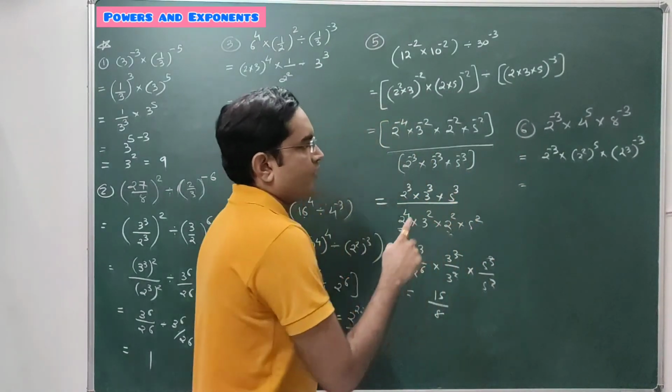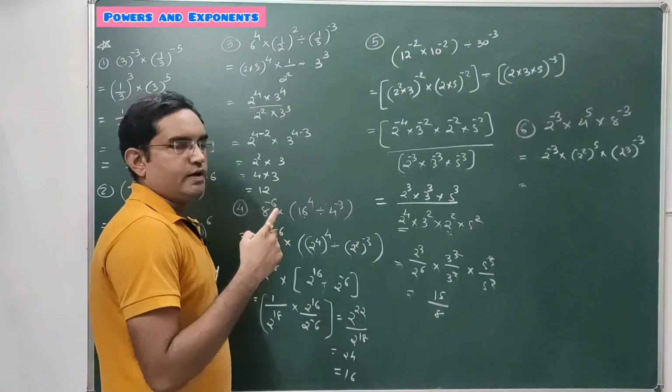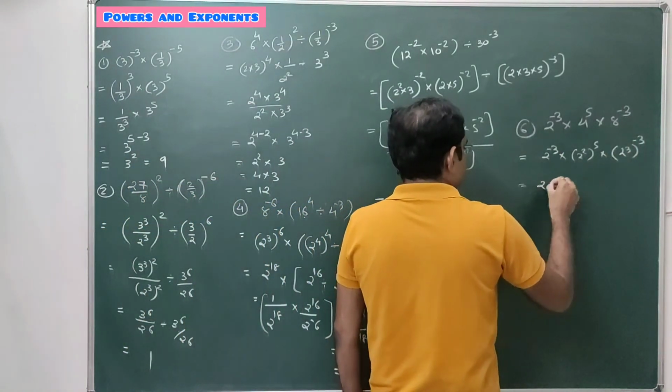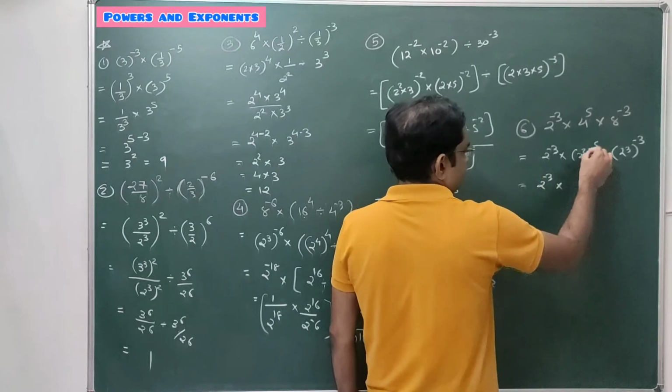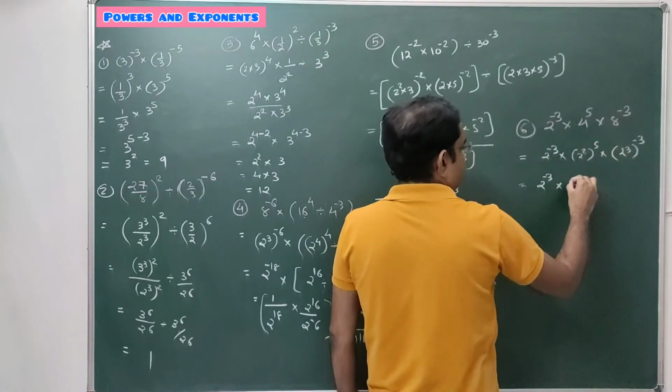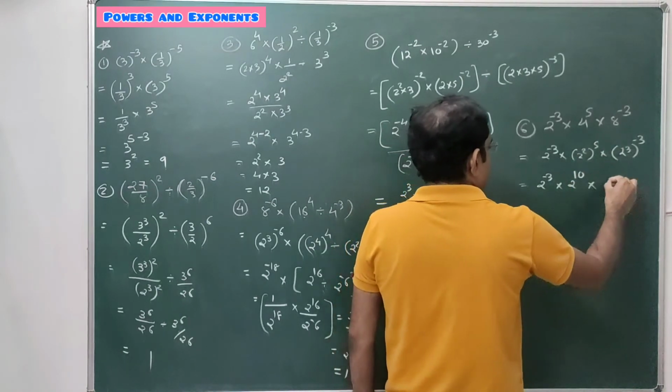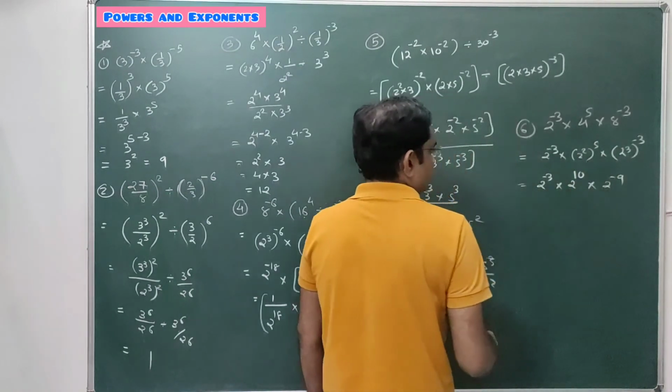Done. 2 को ऐसे रहने दिया, 4 को लिखा 2 square, 8 is 2 cube. Now power of power, perform multiplication. So it's 2 raised to minus 3, 2 raised to 2 raised to 5, power of power multiplication 10, multiply by 2 raised to minus 9.